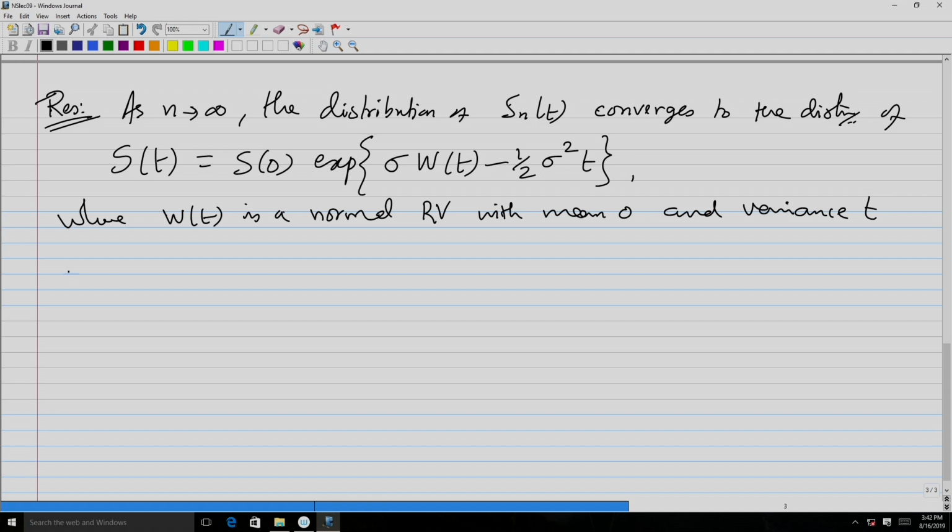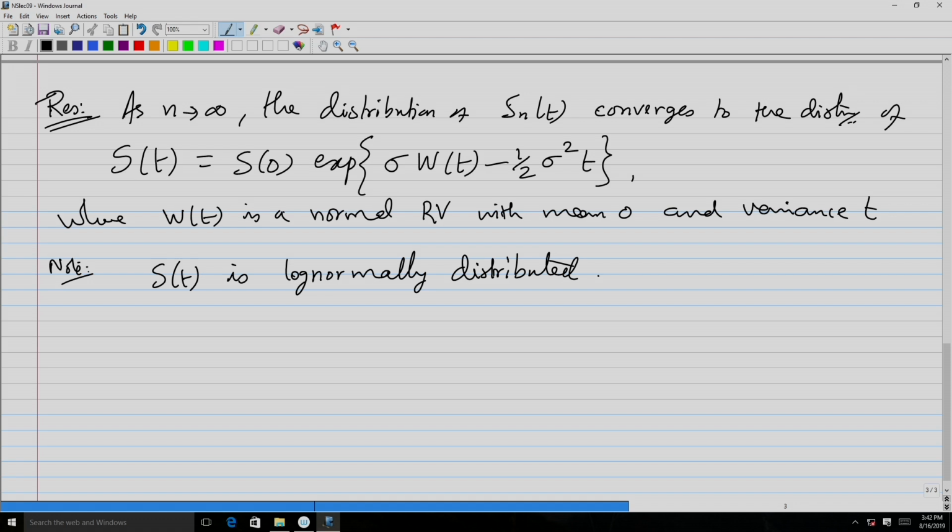And this means that S(t) is log normally distributed. So, in the limit, what we get is a distributional limit: the distribution of S_{n_t} converges to the distribution of this S(t). Now, this S(t) is given by this expression, which is in terms of this W, where W is normal.